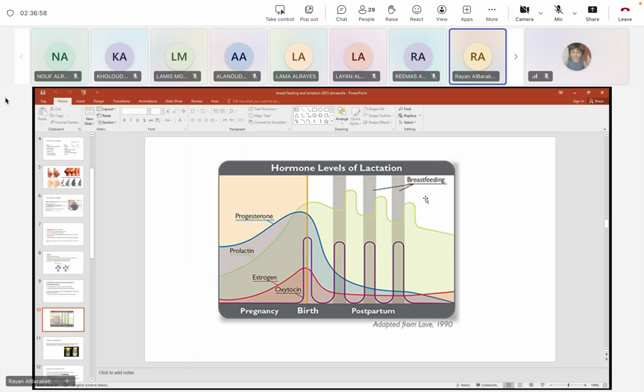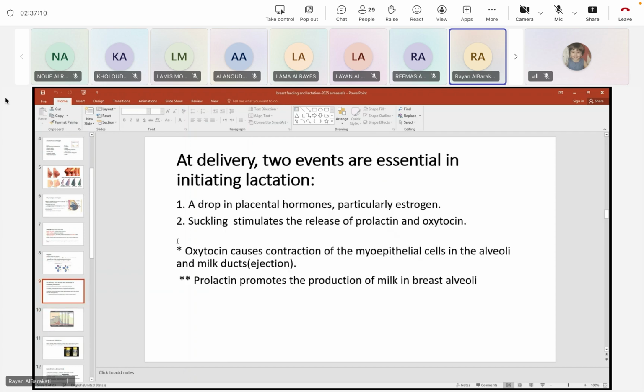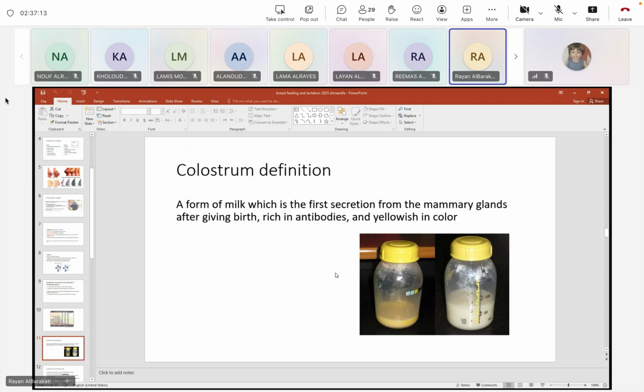With no suckling, there will be a drop in the oxytocin, and prolactin will start to decrease over time. So this is the relation between the four hormones for producing and ejecting milk, and also the relation to pregnancy, intrapartum, and the postpartum period.